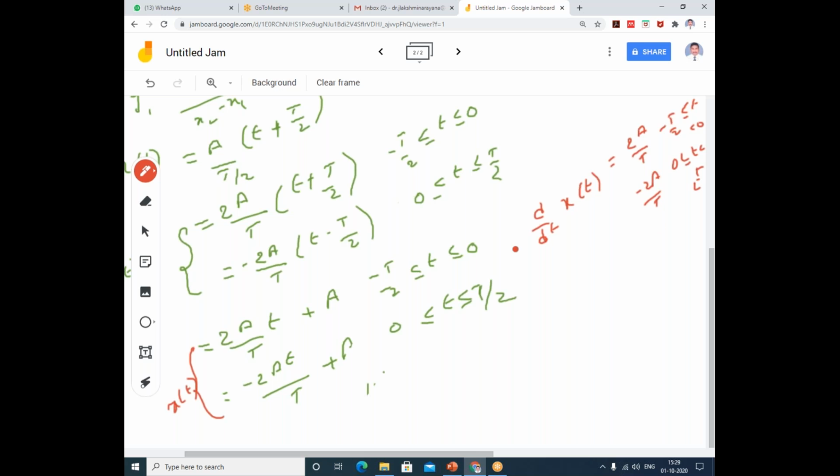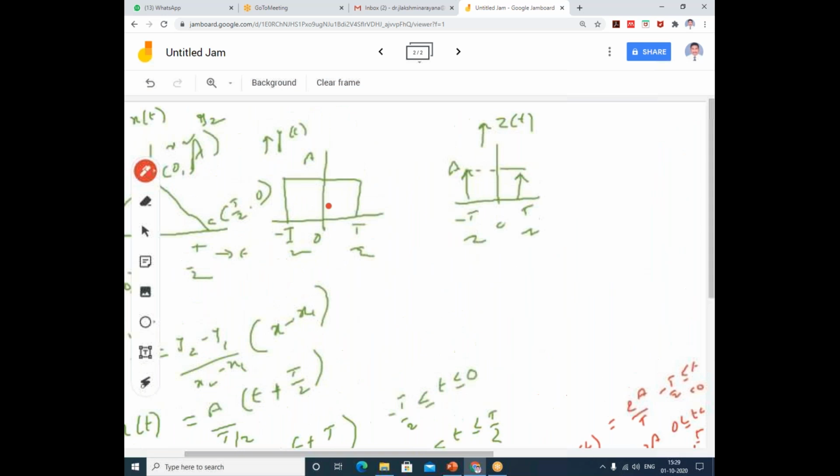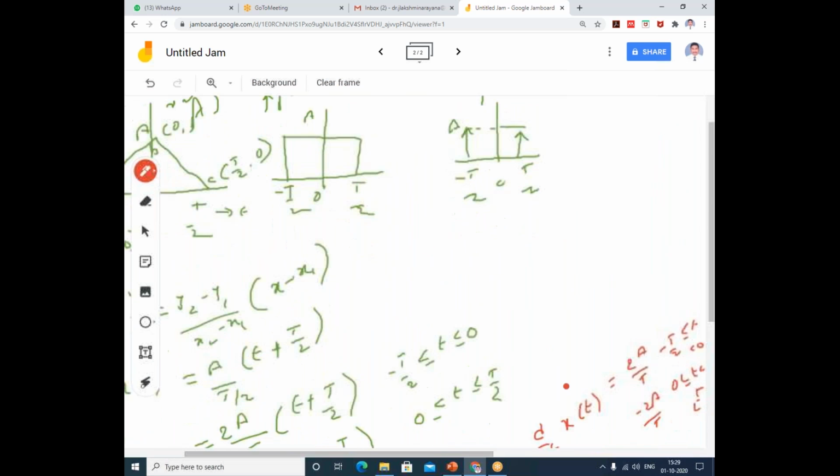Now please see the waveform y of t. From minus T by 2 to 0, the amplitude is 2a by T. So here the amplitude is rising to a peak value from 0 in the upward direction. That's the reason you will get positive 2a by T. Then the same amplitude will continue up to 0.